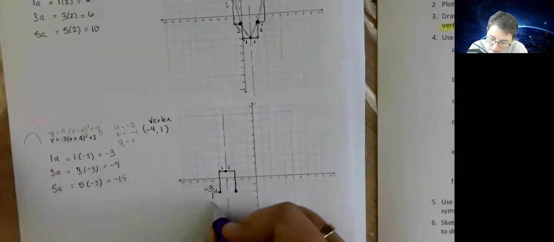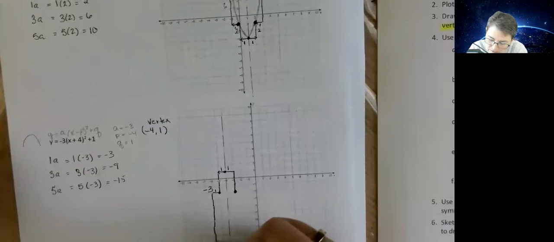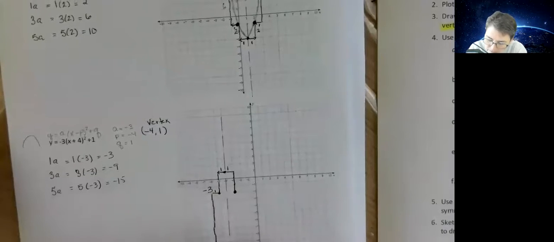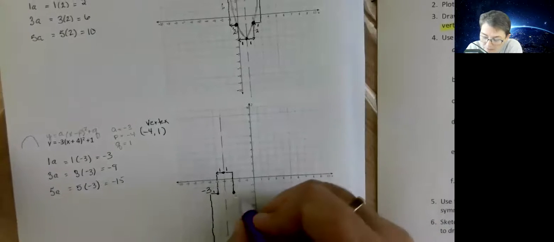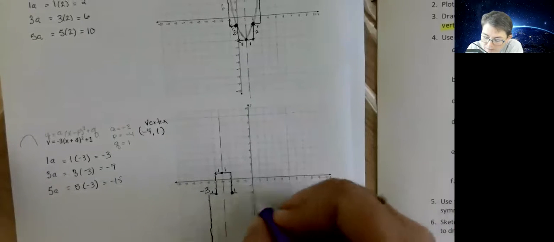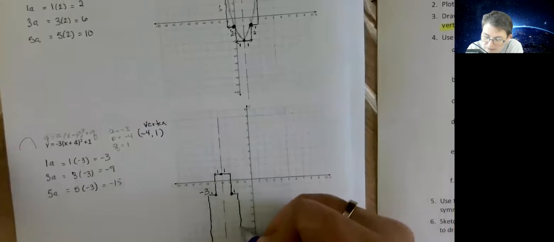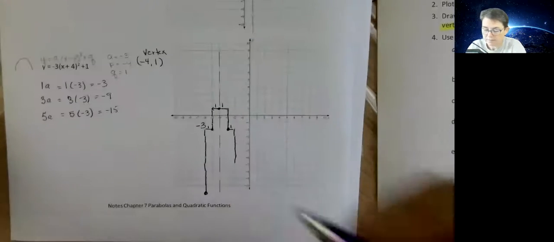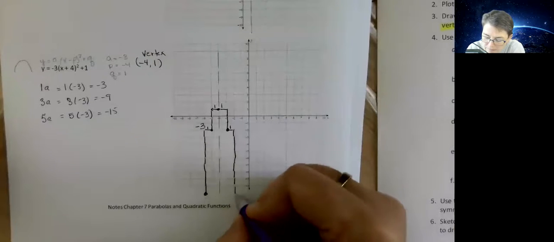So 1, 2, 3, 4, 5, 6, 7, 8. Oopsies. That happens sometimes. So 1 over, and 1, 2, 3, 4, 5, 6, 7, 8, 9.